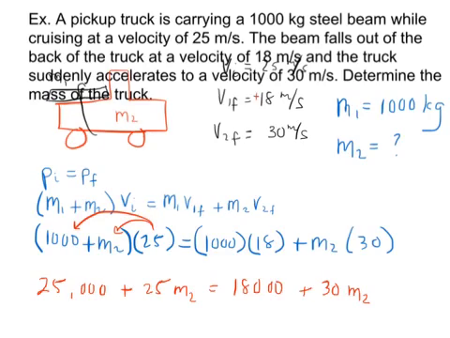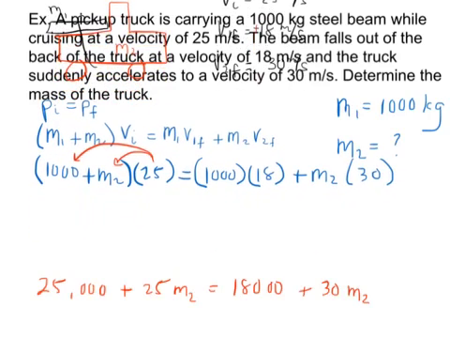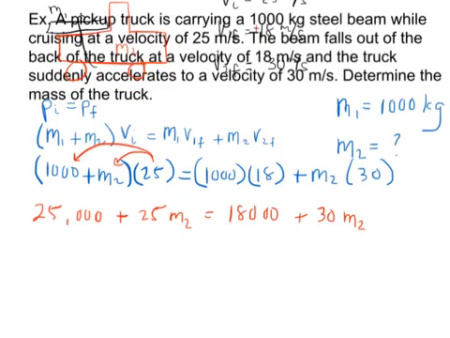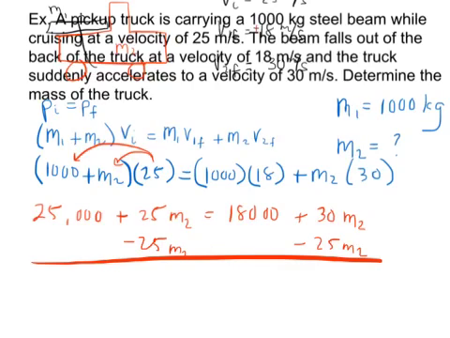Take a look here. M2 occurs in two spots. It's like x occurring in both spots. Combine like terms. Subtract 25 M2 from both sides.